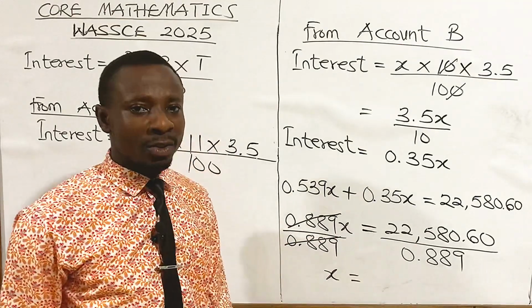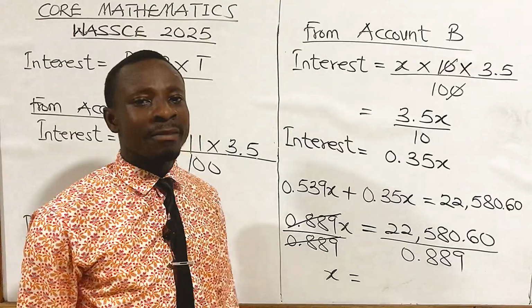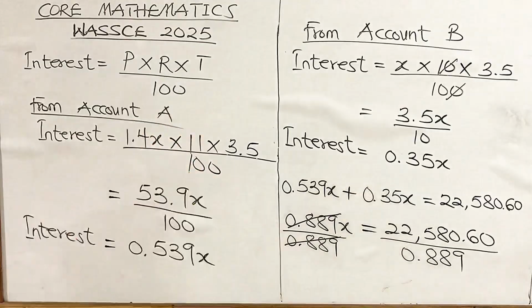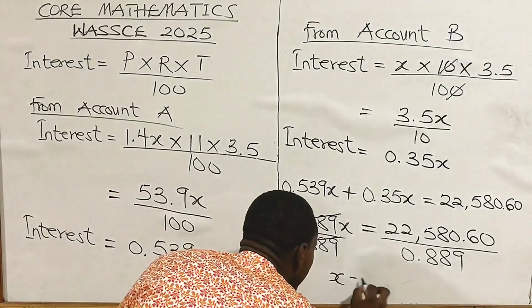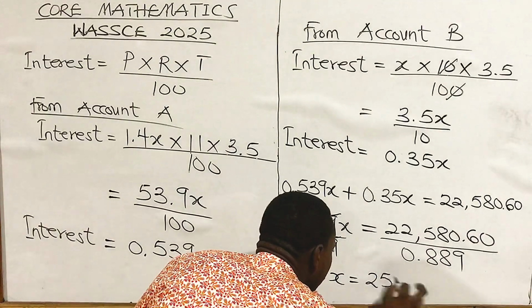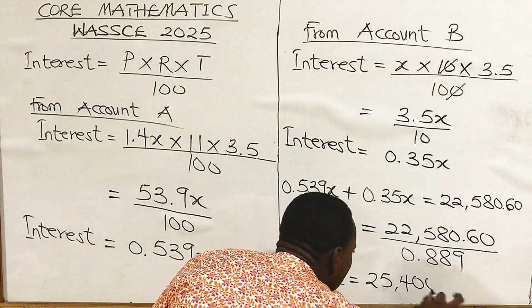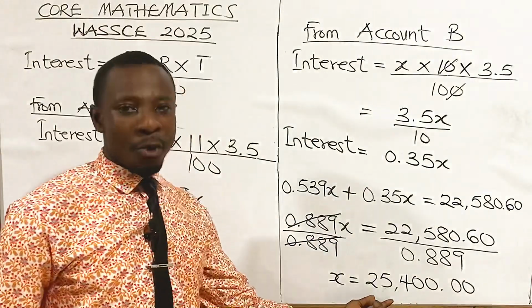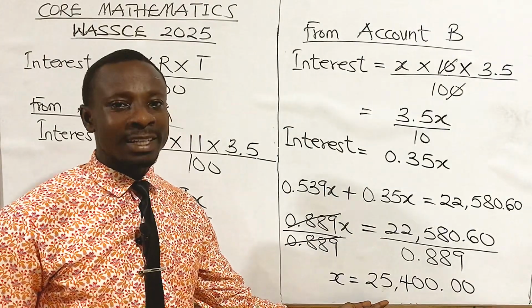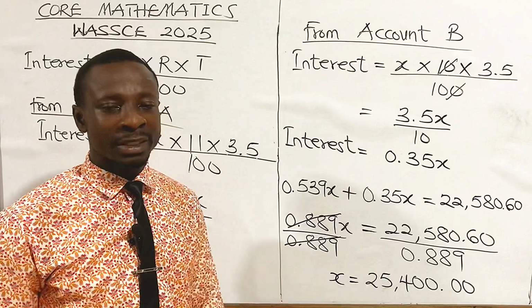So punch it into your calculator for us to get the value of x. We are getting x equal to 25,400 Ghana cedis. I hope you had the same answer just like what we have on the board.